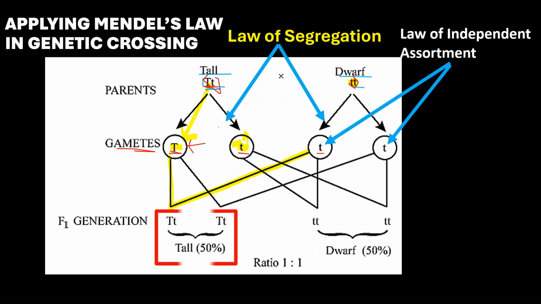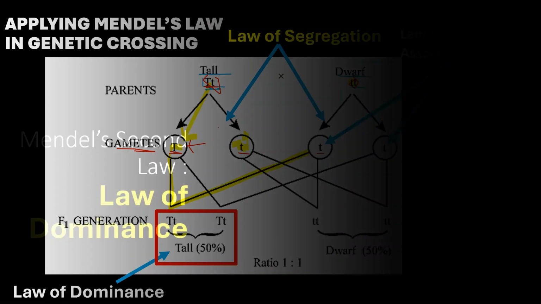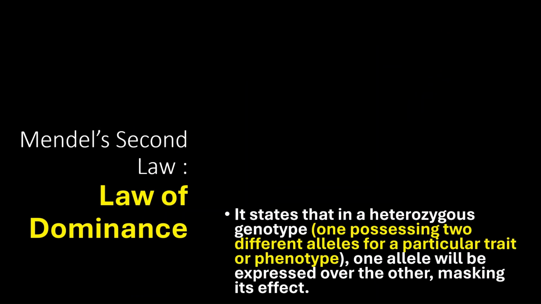To solve that problem, like this one, we apply the law of dominance. Only the dominant allele will be expressed in the phenotype. So, according to the second law, the law of dominance, it states that in a heterozygous genotype, that is one possessing two different alleles for a particular trait, one allele will be expressed over the other.